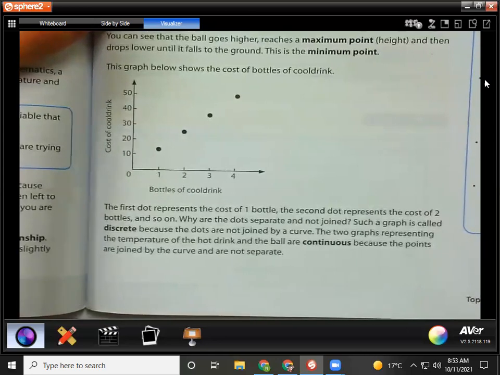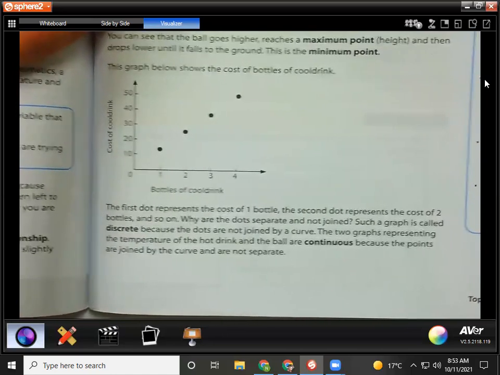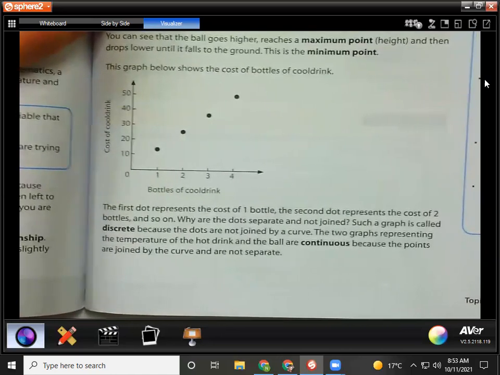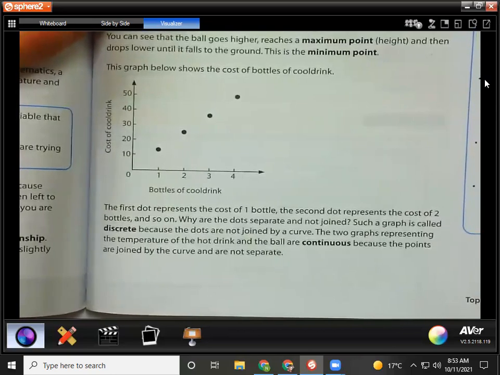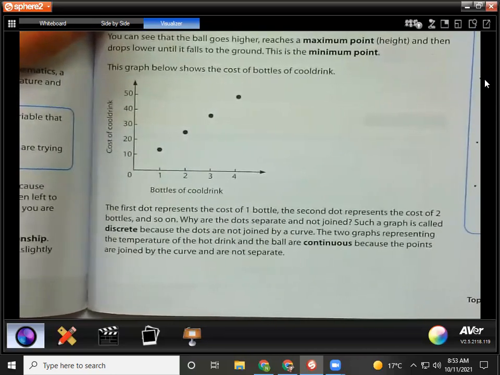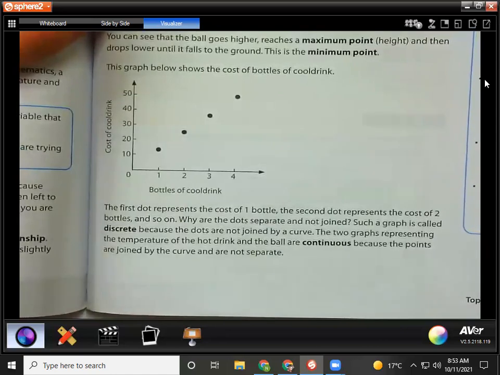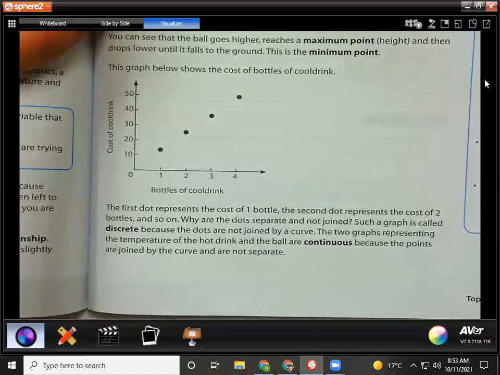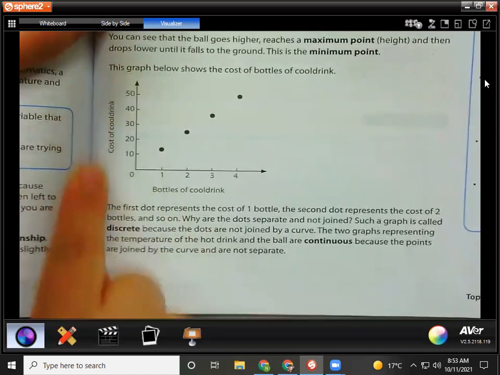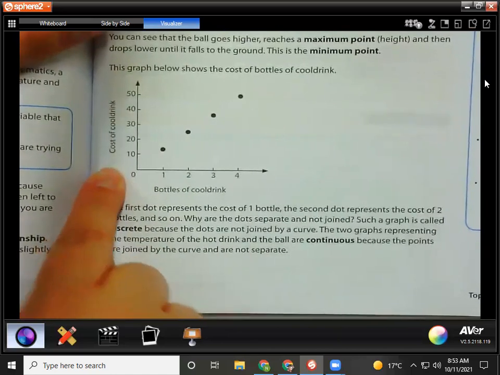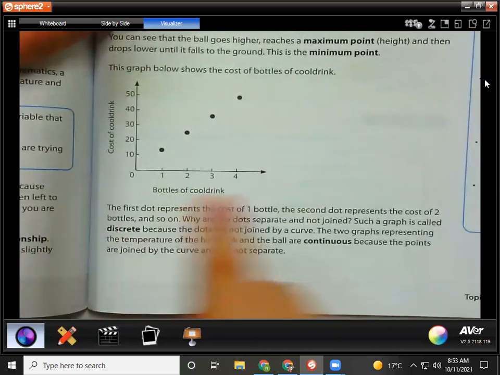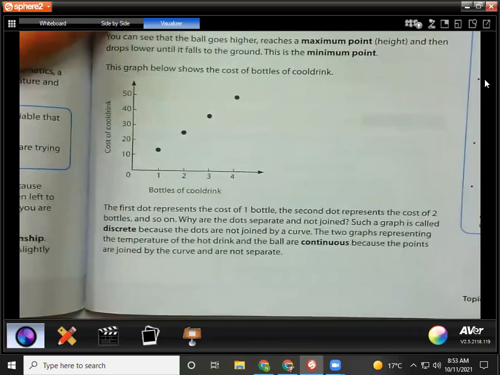If you're buying less bottles of cool drink, the cost is going to be less. So does it make sense that the number of bottles of cool drink affects the cost? The cost is the one that is being affected by the number of bottles that you're buying. So cost is the dependent variable because this one is affected by how many bottles you buy, and the bottles of cool drink is the independent variable.